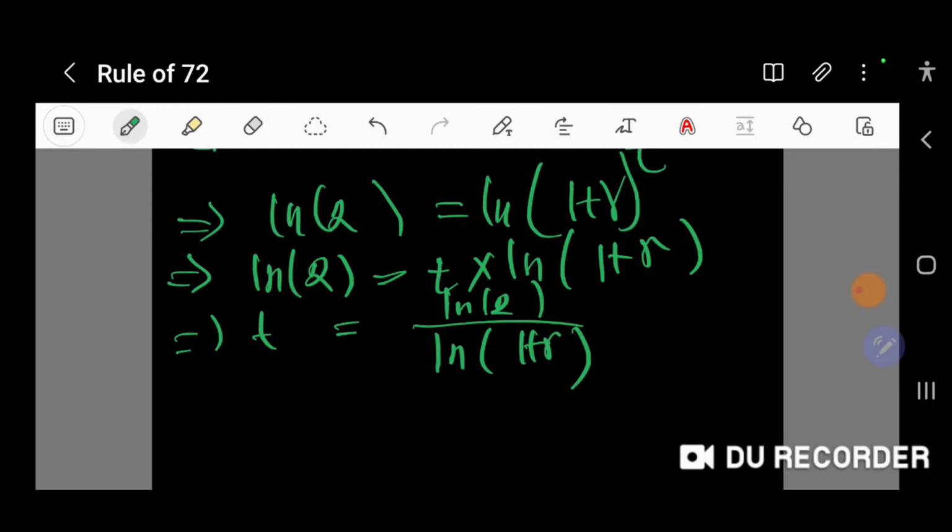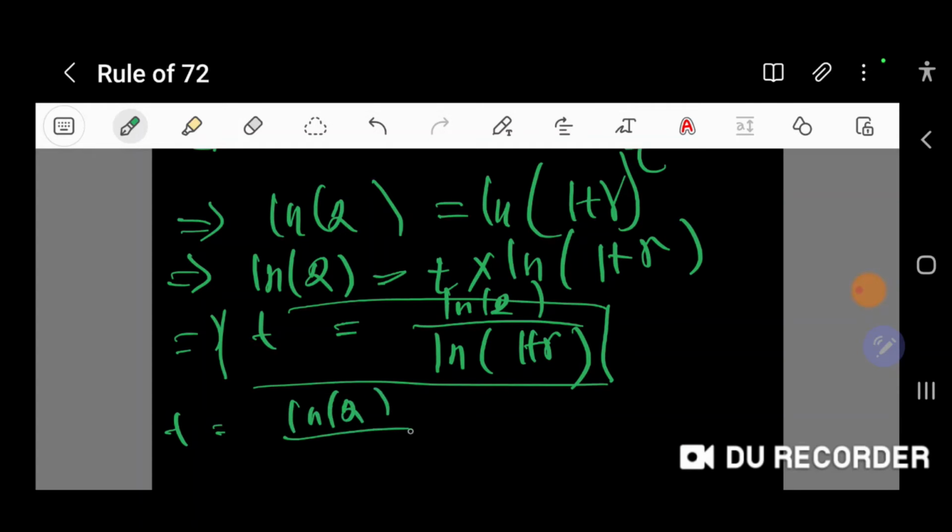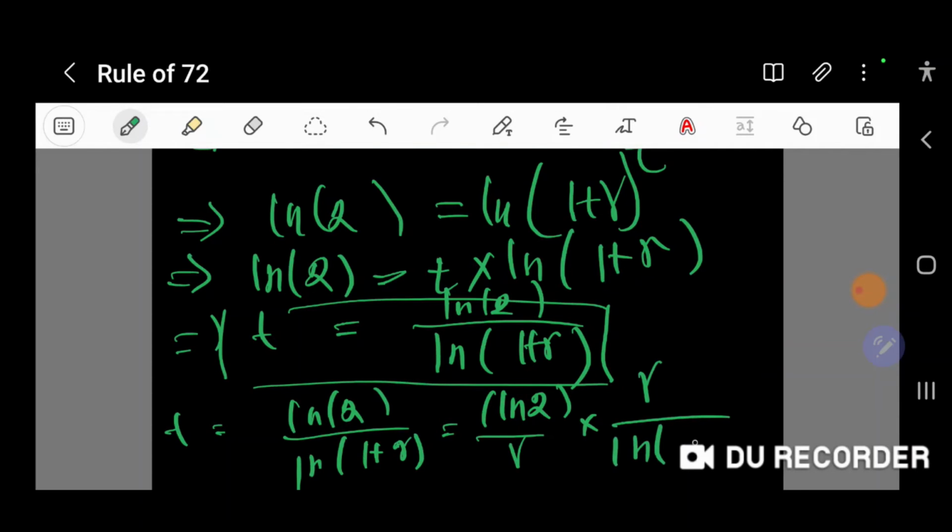Okay, so this will tell you how many years you have to invest for the money to double. Now this part, T equals ln 2 divided by ln(1 plus R), can be simplified by factoring: ln 2 divided by R, and then you also multiply R by ln(1 plus R).